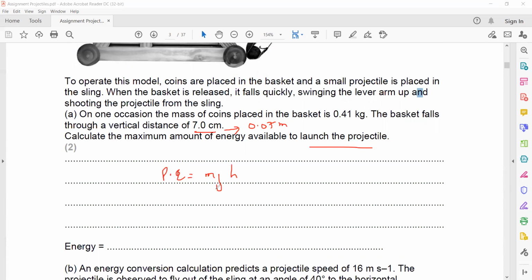So the mass of the coin, that's given, 0.41, multiplied by gravity, 9.81, multiplied by height in meters, 0.07 meter. This will give us the total energy, which comes out as 0.28 joules.